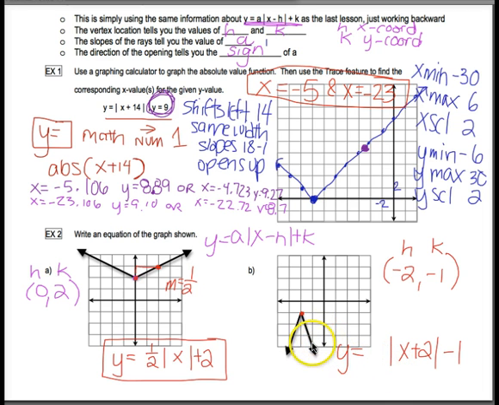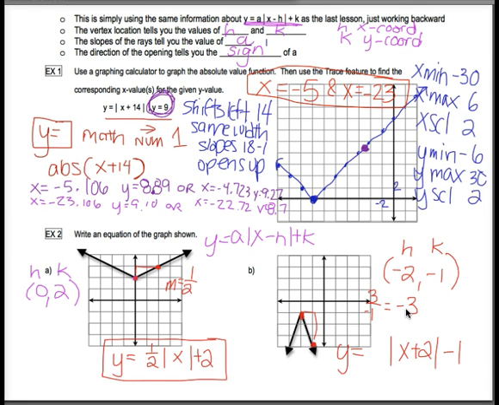Now I just need my a value. So count rise and run. Here's an exact point. Here's an exact point. So from these 2 points, I rose 3, and then I went left 1. So I went up 3 and to the left 1, which would be negative. So slope of this particular ray is -3.